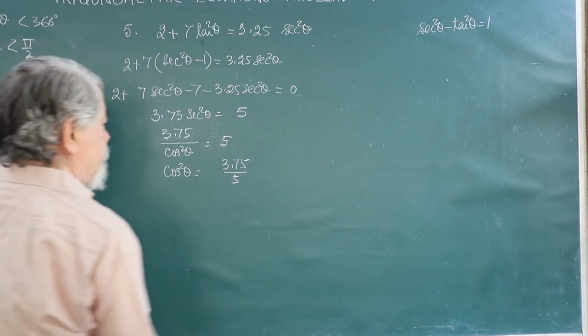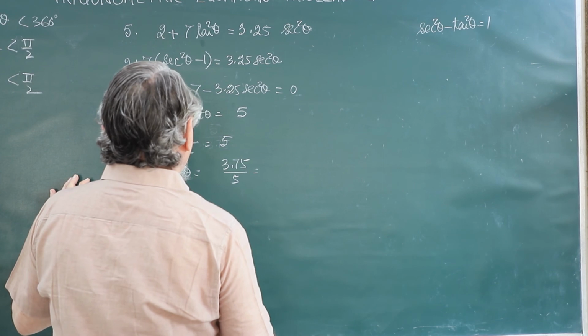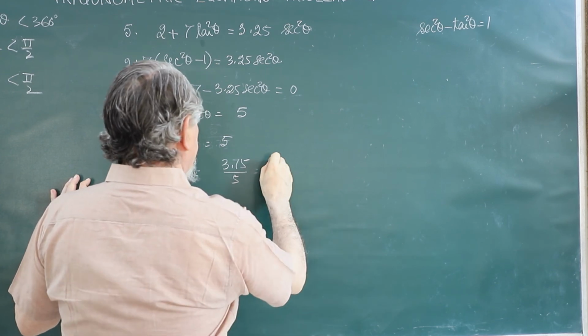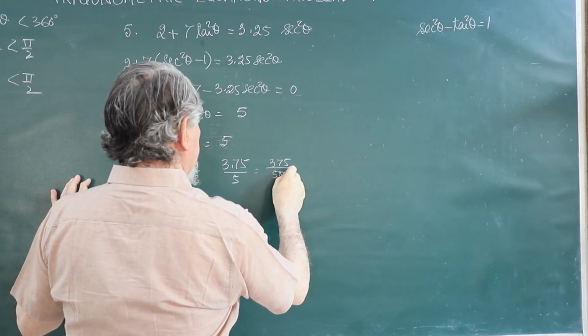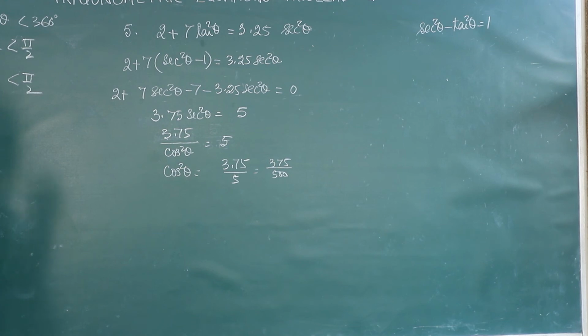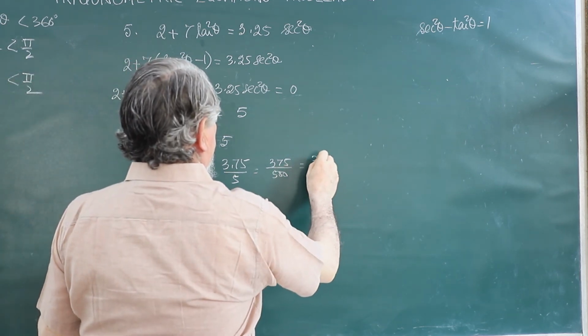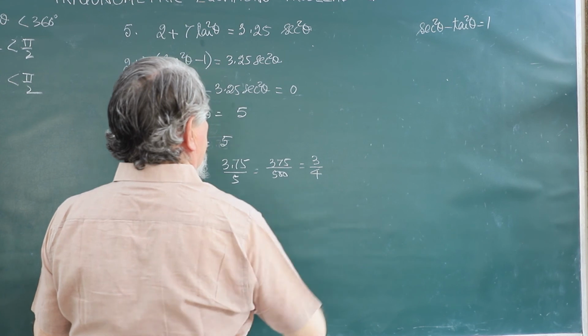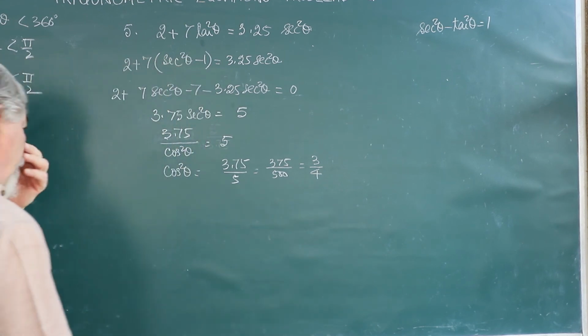That will become how much? 3.75 upon 5.00. Let us cancel them with something. It should come out to be 3 upon 4, I think. If you cancel them, it will come out to be 3 upon 4.